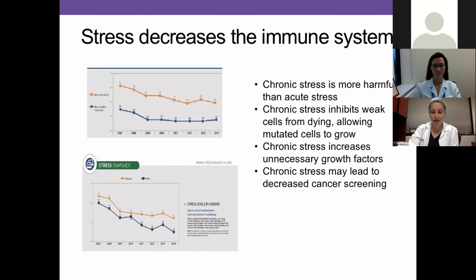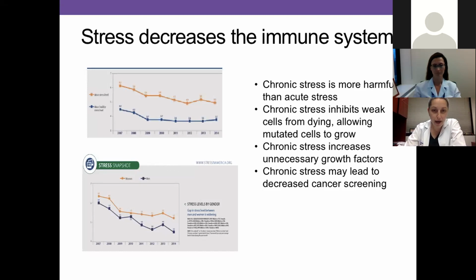In the top left figure, you can see that stress levels are decreasing as the years progress, but we're still much higher than the desired level of stress, which is the blue line below. So orange is what we're actually having in terms of stress, and blue is what we would like.